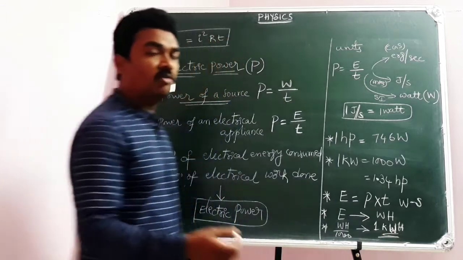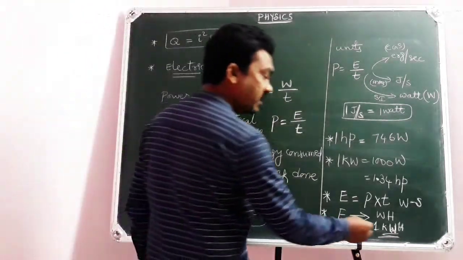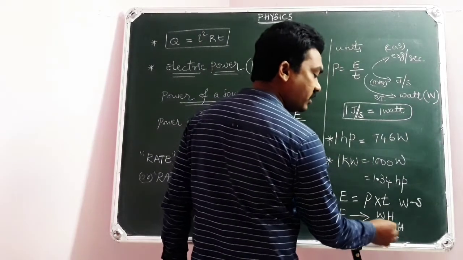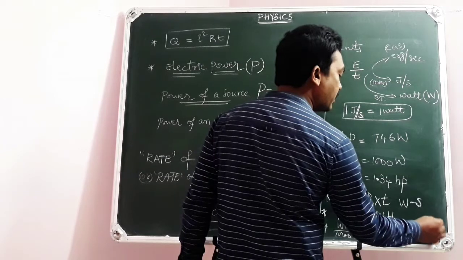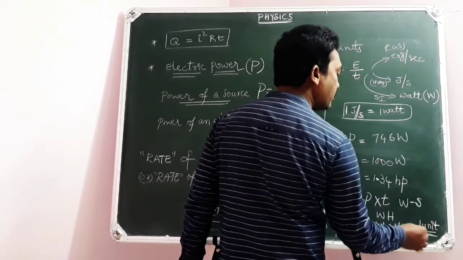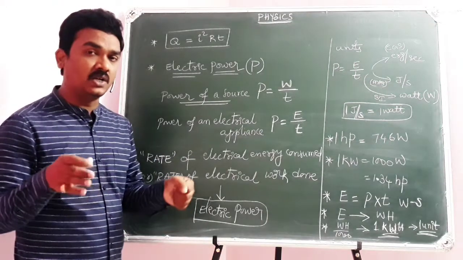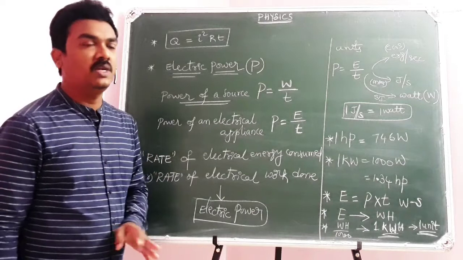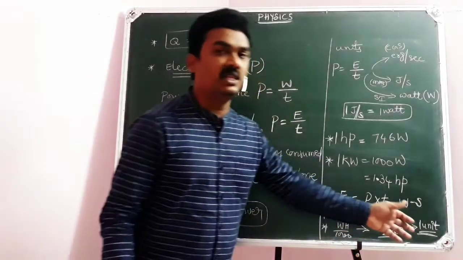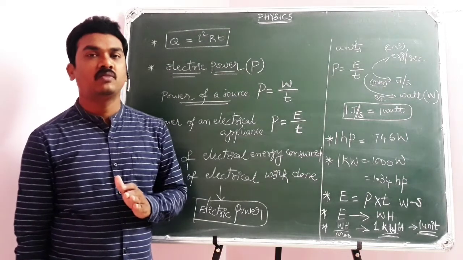Our household consumption of electrical energy will be measured in kilowatt hours, where 1 kilowatt hour equals 1 unit of electrical energy consumption. This is a measure of consumption of electrical energy for household appliances. Based on that only, we get the bill for electrical energy consumption.